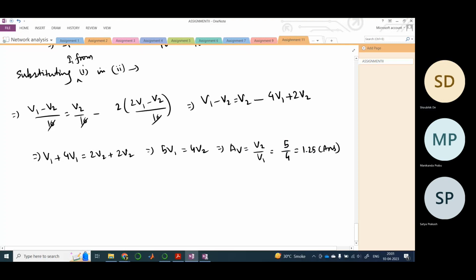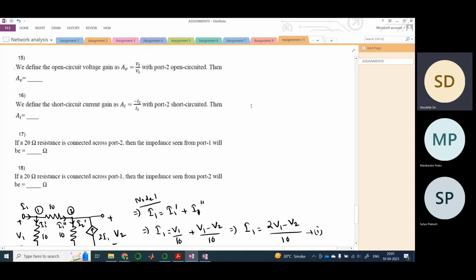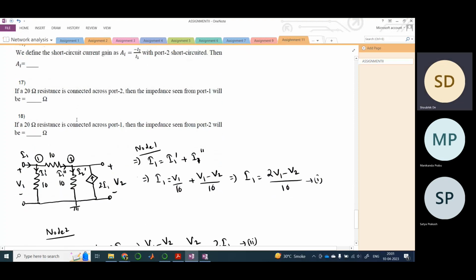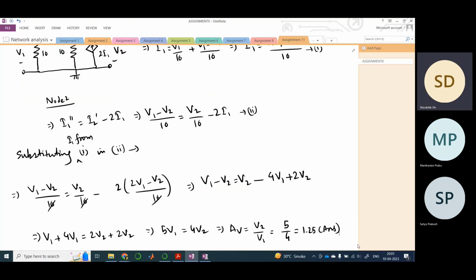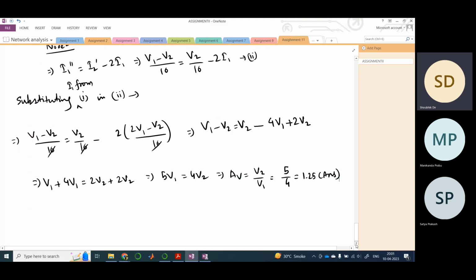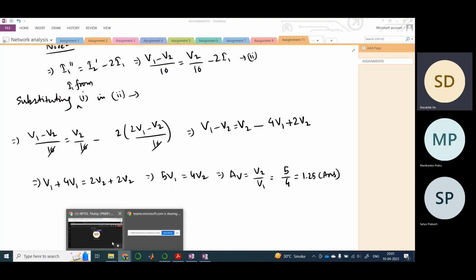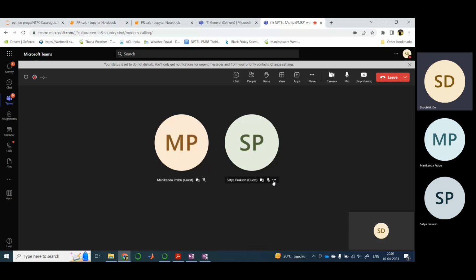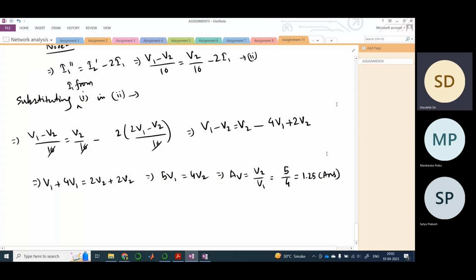This is the answer to the first part. Question number 15, the answer is 1.25. This is the voltage gain. I hope this is clear. If you have any doubt, anywhere you didn't understand, please do say.